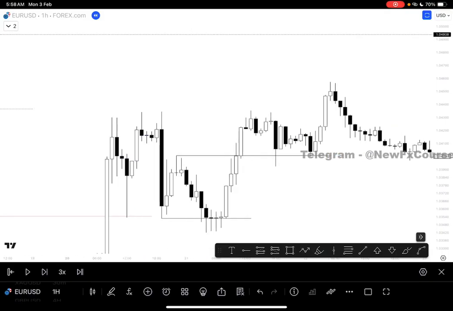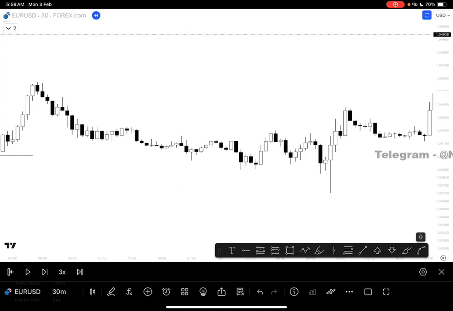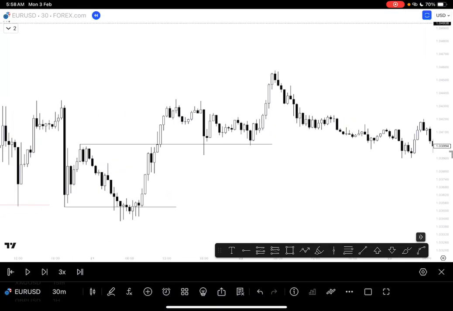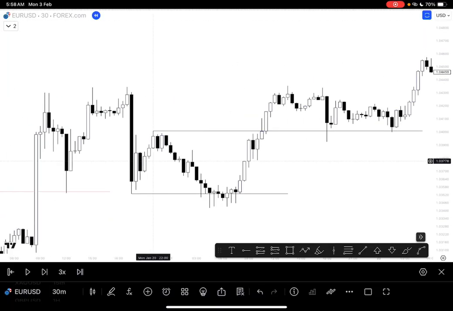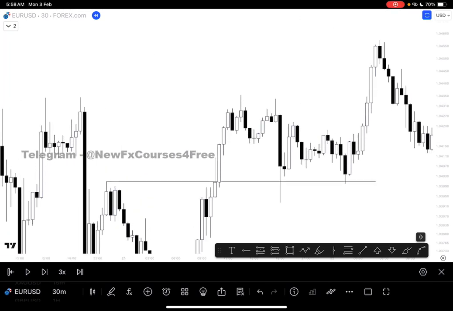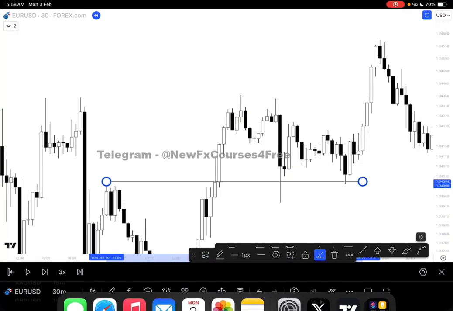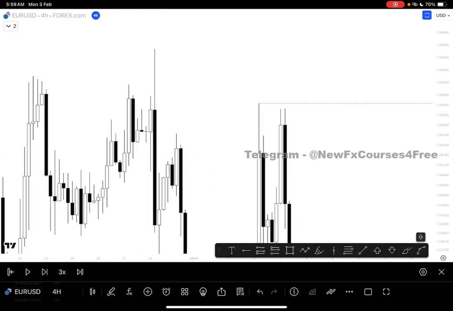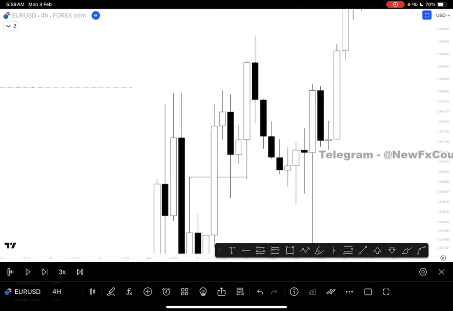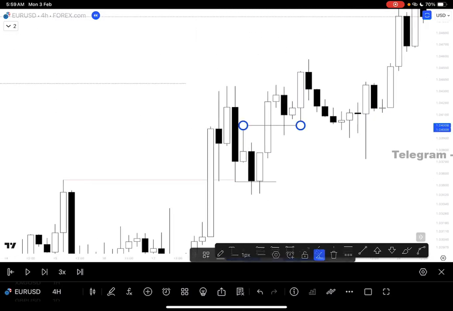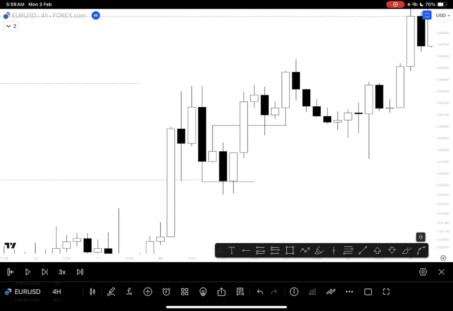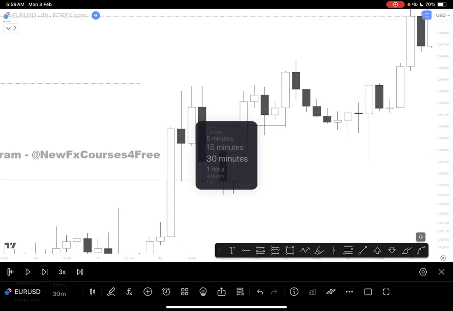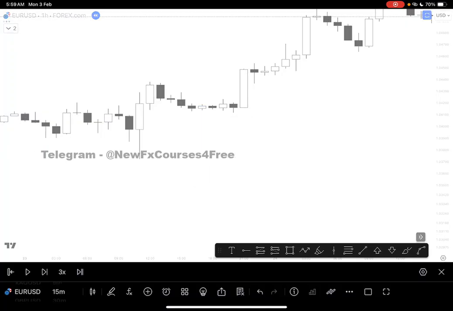This is actually just a week, but you go to the 30-minute time frame. This is a failed order block. So remember, our key level was actually from the 4-hour time frame, which is actually this here. This is our key level. So we go to the 15-minute time frame.